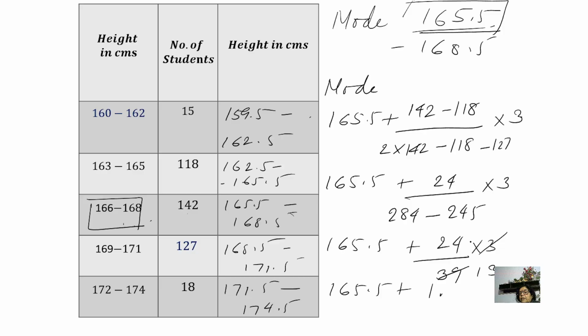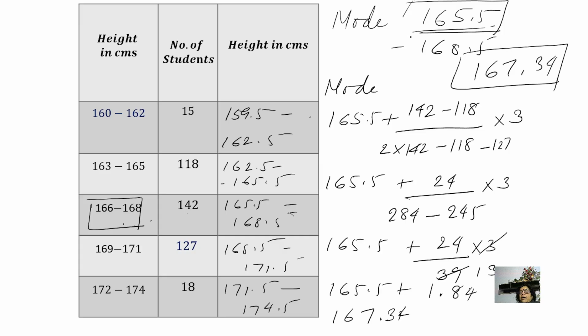We get a remainder, and approximately 2 places. And so the final answer comes as, this is 4. Then 5 plus 4, 5 plus 8 is 13. Carry over 1. So we get here 167.34. So the modal value is coming as 167.34. And it lies in this particular class interval.